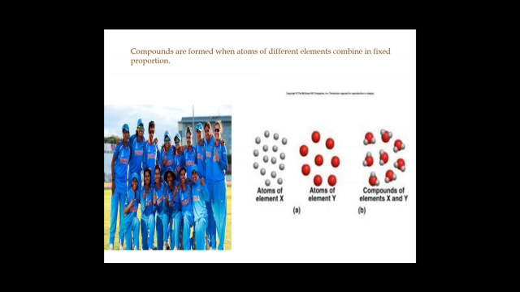In the same way, atoms of different elements combine in fixed proportion. Example, take a water molecule. Two atoms of hydrogen have to combine with one atom of oxygen in order to form a water molecule. So they always follow a fixed proportion.